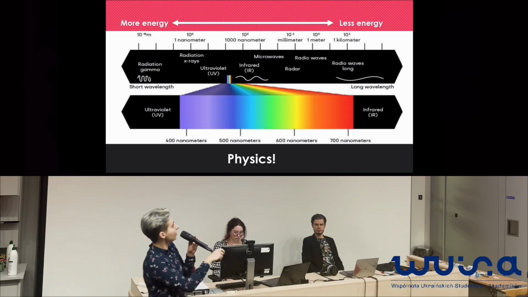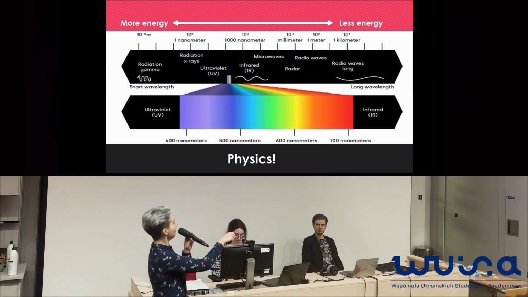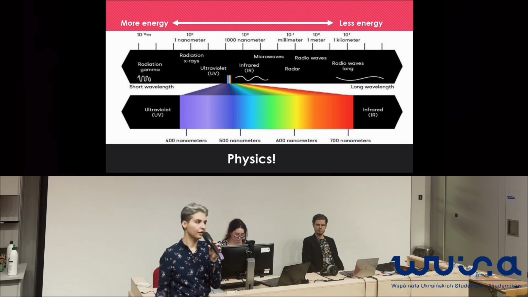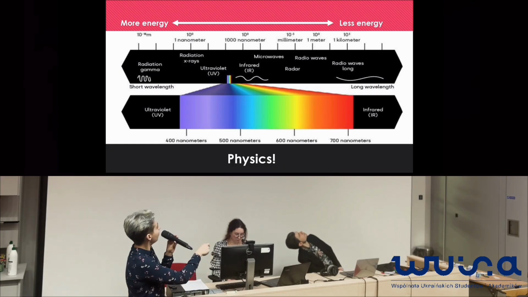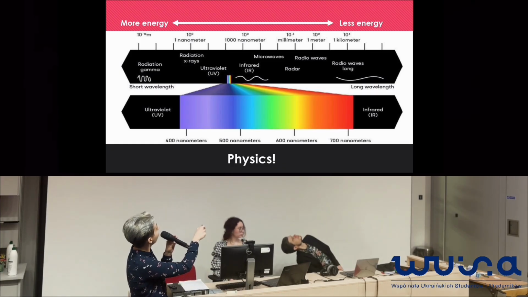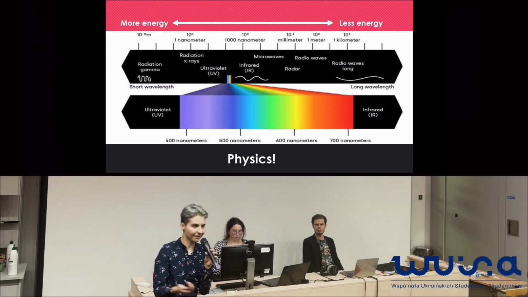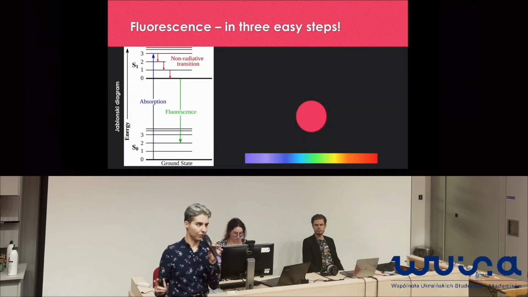And the longer the wavelength, the less energy. The visible light spectrum is also electromagnetic radiation. So, by knowing that, we now know that violets have more energy than, for example, reds. Yes? Great. So, now, how fluorescence works.